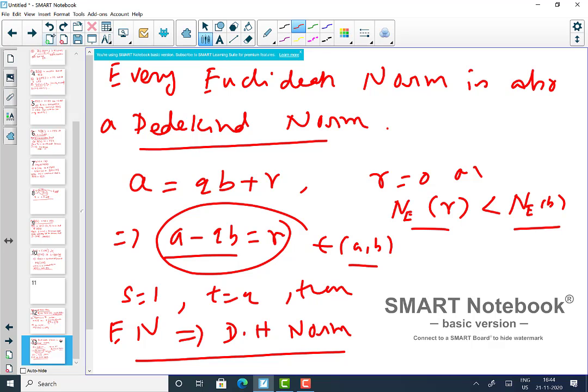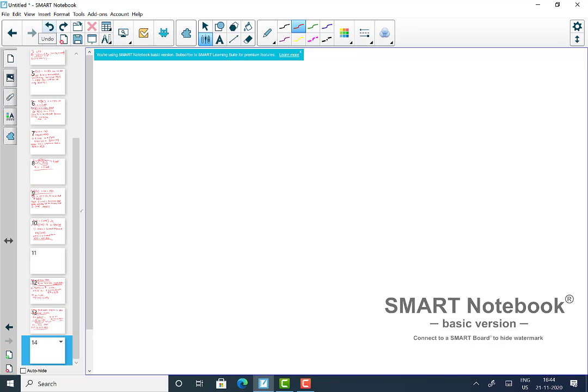Now we will prove an equivalent statement that will show that the existence of a Euclidean norm tells you about a Euclidean domain. Similarly, the existence of a Dedekind–Hasse norm will tell about something called a principal ideal domain. So this is a very important theorem.